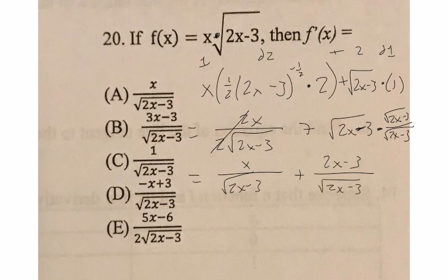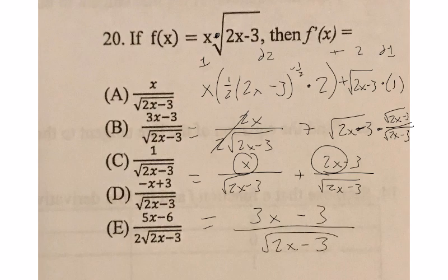And we now have common denominators. So we have an x plus 2x's. That'll get me 3x minus 3 all over root 2x minus 3. And what does that match up with? Boom, B.